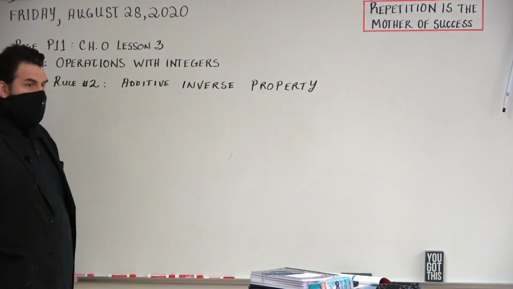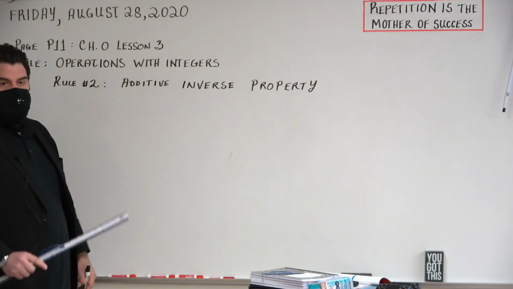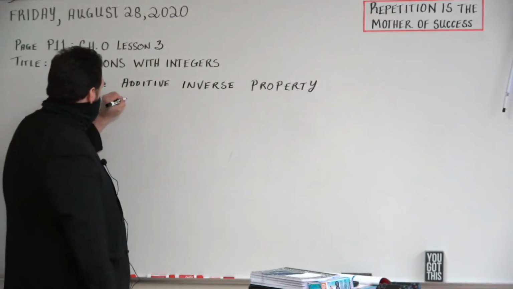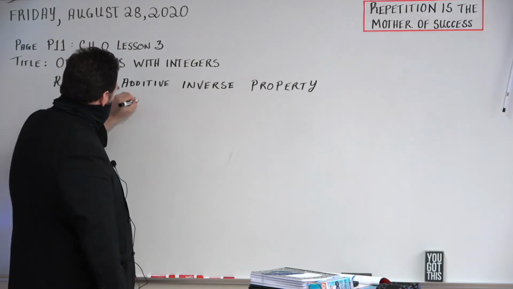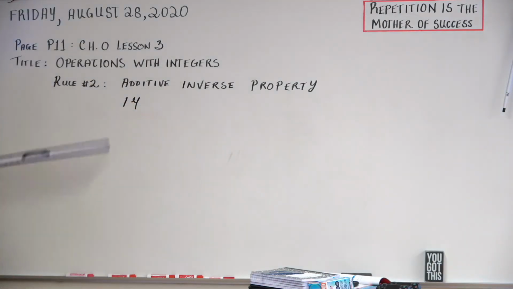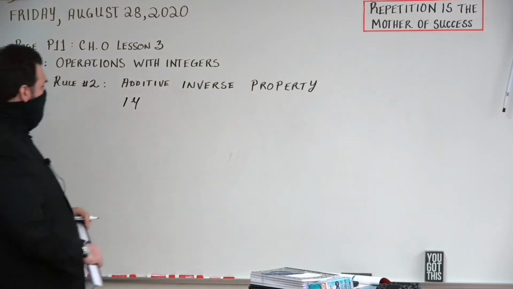Let's start with the number 14. Most people in here are 14. Some are older, some are younger. But if I start with the number 14, what is the opposite of 14? Great job, negative 14.